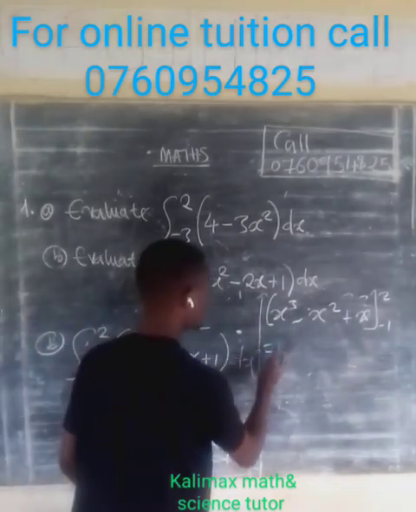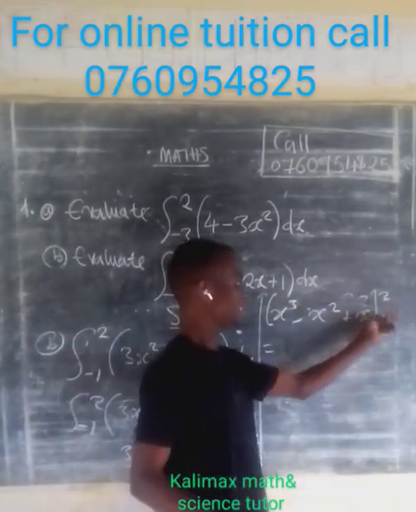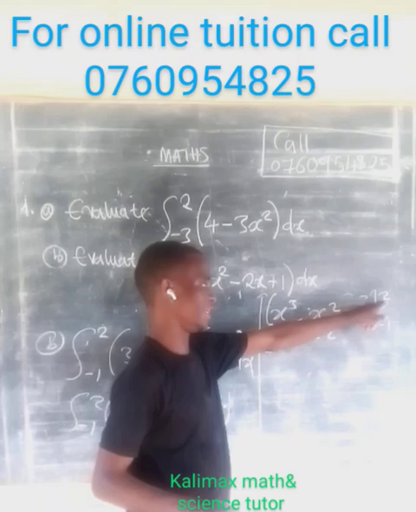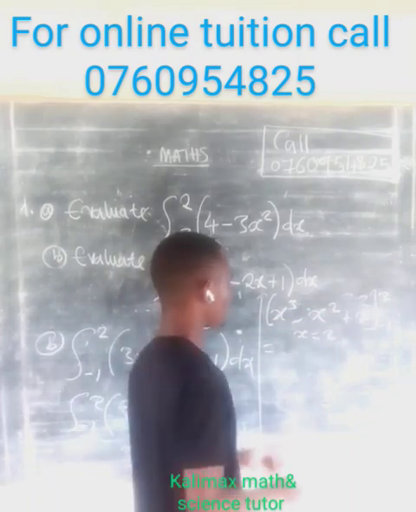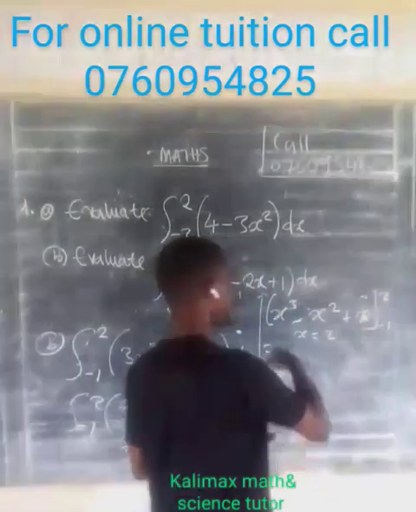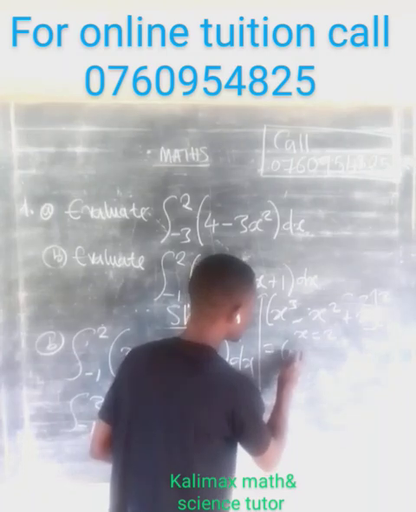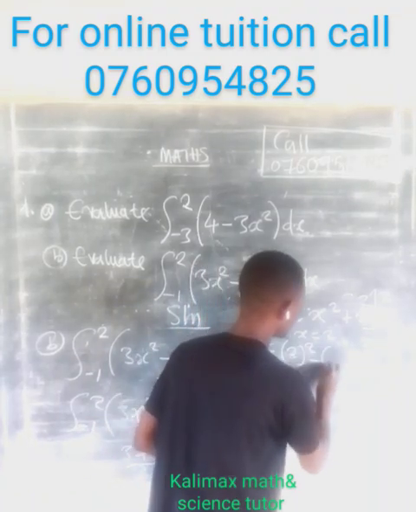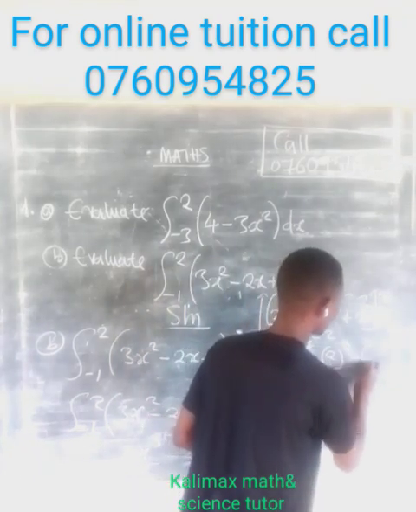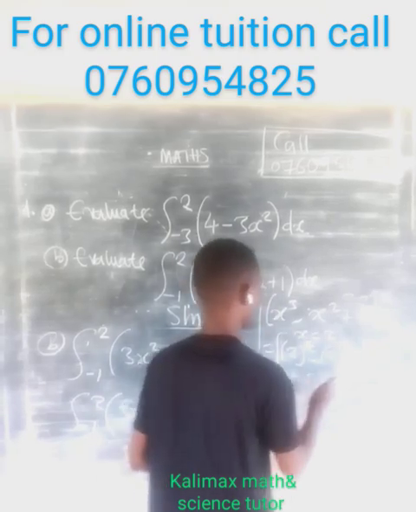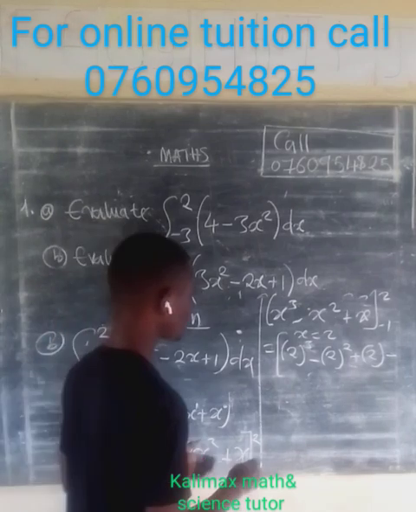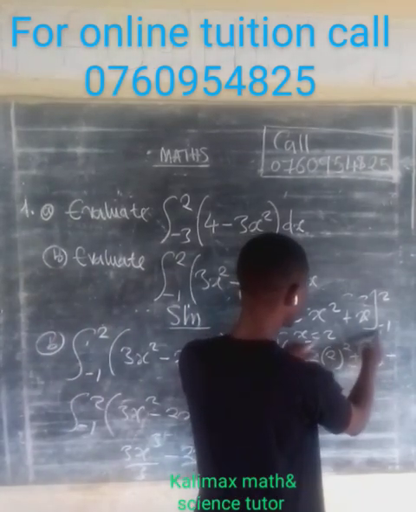Right. Again, since we have the upper limit and the lower limit, you are going to say x is equal to 2, which is the upper limit there. Where there is x, we put 2, minus the lower limit, which is -1. Where there is x again, we put -1. So we are saying where there is x, we put 2: 2 cubed minus 2 squared plus 2, minus the lower limit, which is -1.